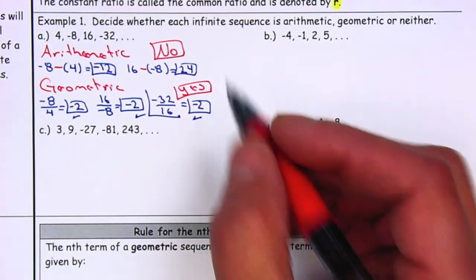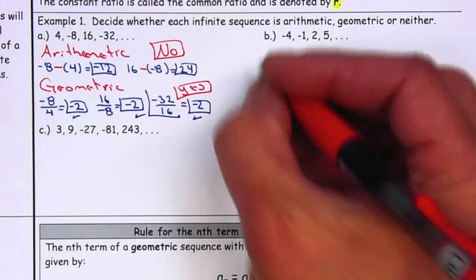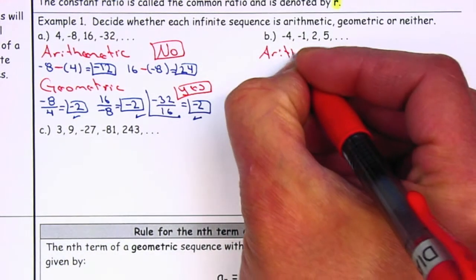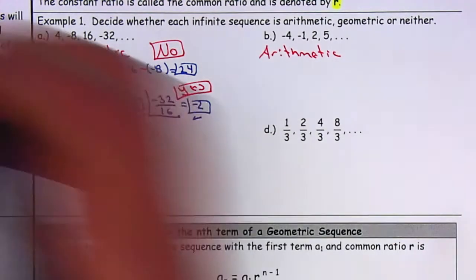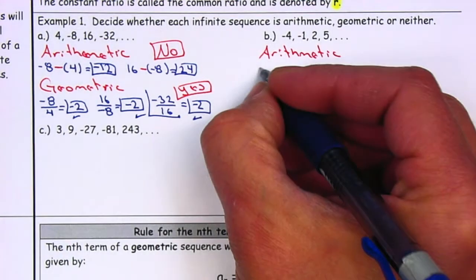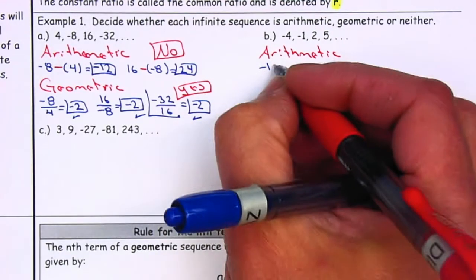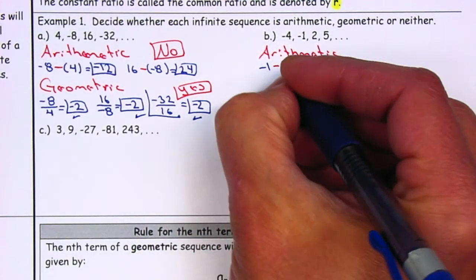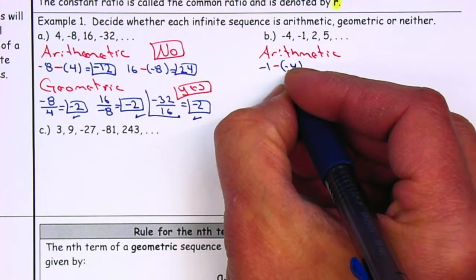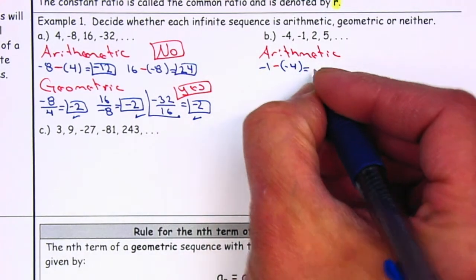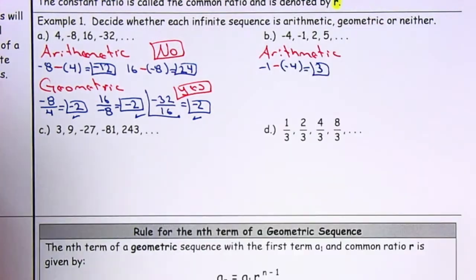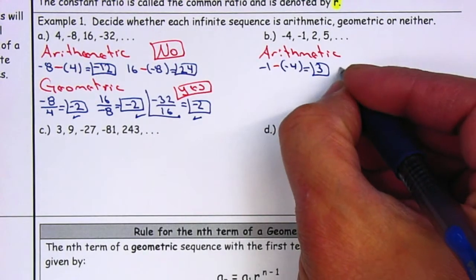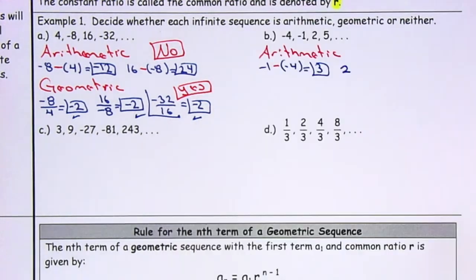Let's try letter B. First, we need to determine if it's arithmetic. To determine if it's arithmetic, we're going to take the difference. We're going to take the second number minus the first number. Negative and negative is positive, so -4 plus 4 is 3. Then we're going to take the third number minus the second number.